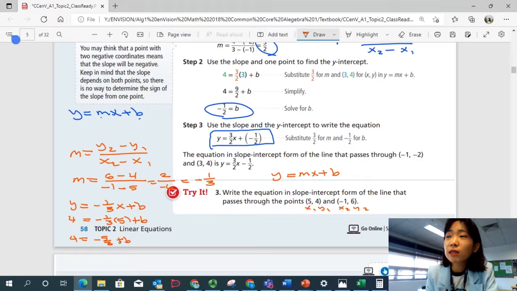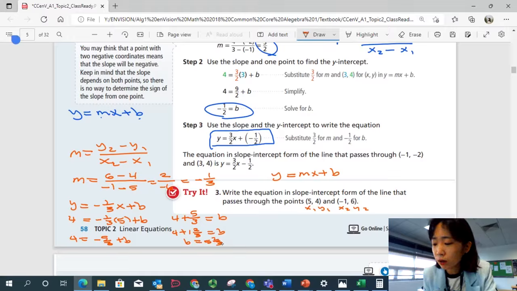Then you're going to add 5 over 3 on both sides in order to get b. 5 over 3 could be written as 1 2/3. So you will have b as 5 2/3. Okay? Or that could also be 17 over 3 if you prefer improper fraction, that's fine.